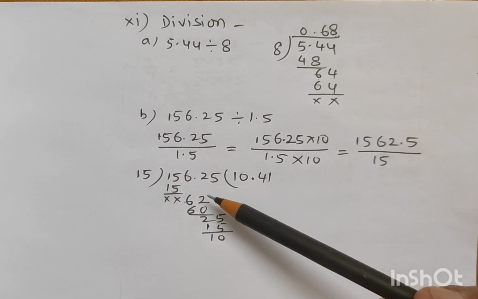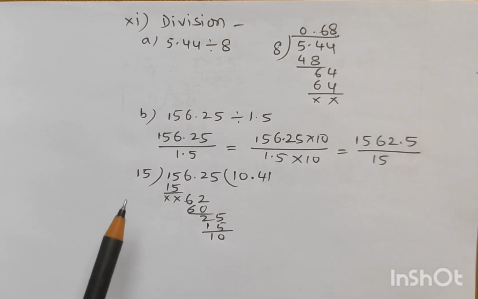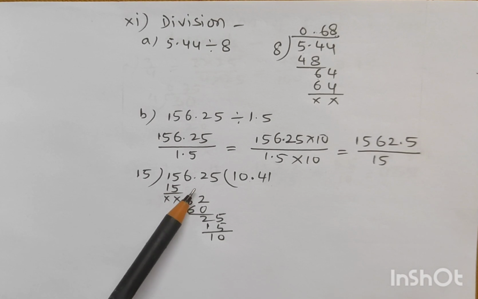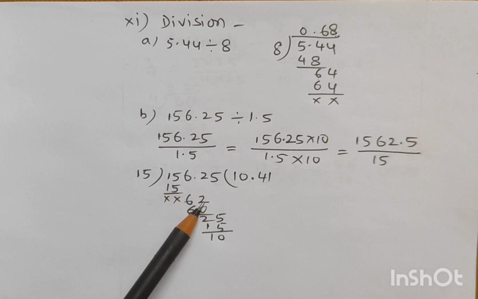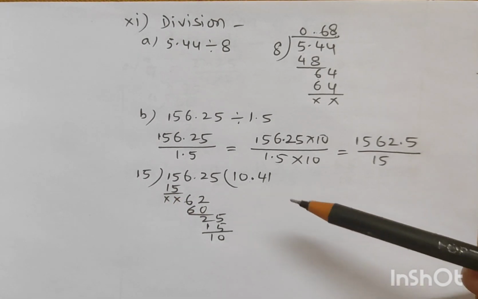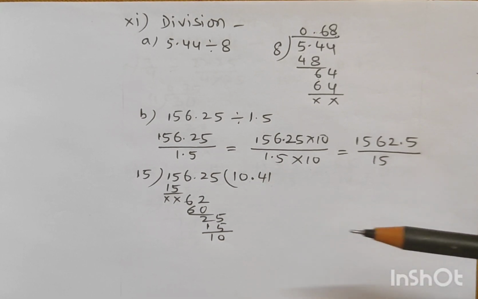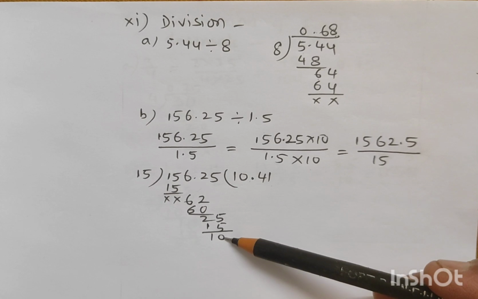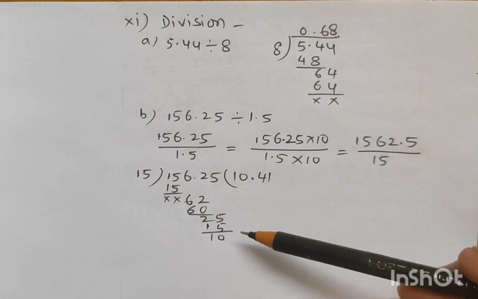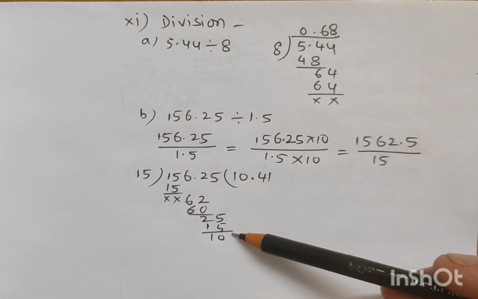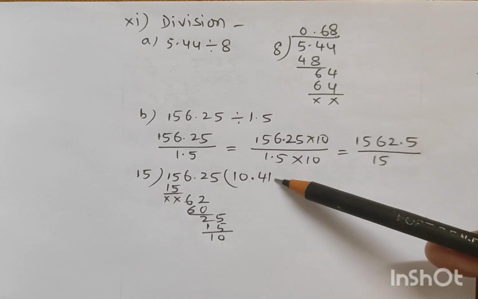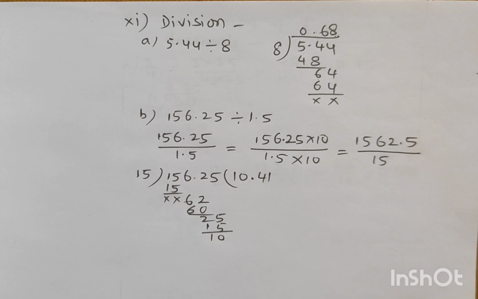Now we divide by 15. As usual we divide. The only thing to note is that when we take 2 here, we have to put the decimal here. That's the difference. You can also continue, the remainder is 10 here. You can continue the division by putting 0 here, and then it will go 6 times and we put 6 over here. So we can divide to as many places as desired.